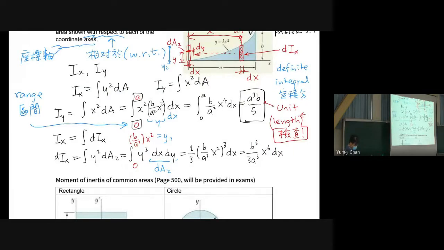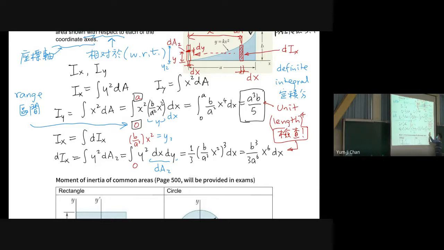At least we can check the units, because we have a to the power 6, x to the power 6, and b to the power 3, and then dx here, and sometimes we don't know whether we do it correctly, right? So what should we do here? Now that is length to the power 3, and then that's length to the power 6.